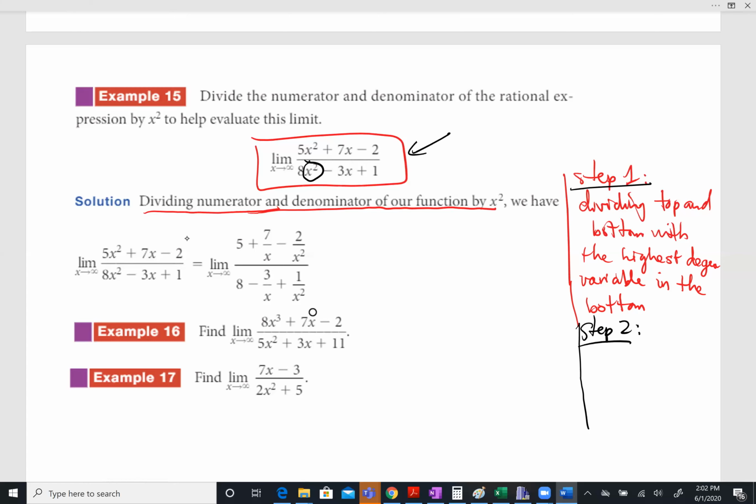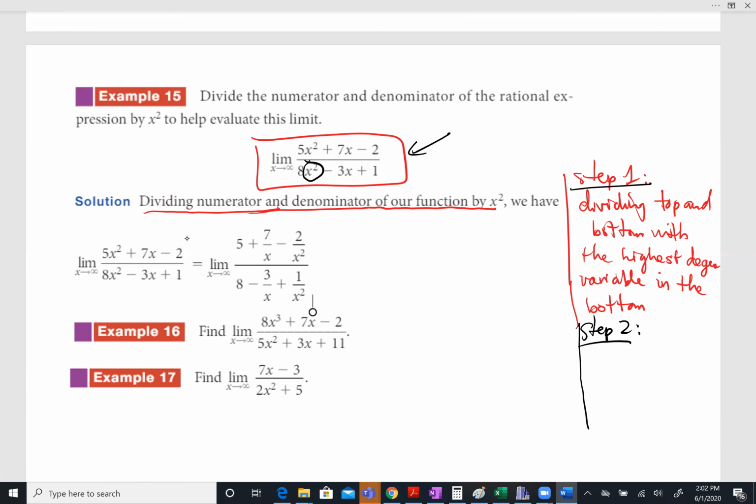So 5x squared divided by x squared is going to be 5. And 7x divided by x squared will be 7 over x, minus 2 over x squared. Yes, that's correct.